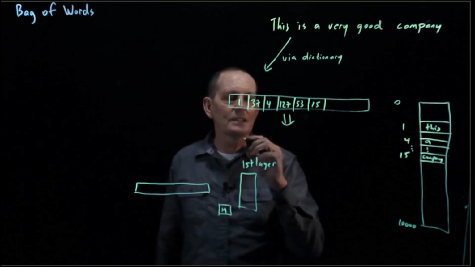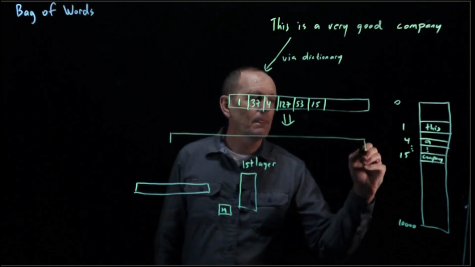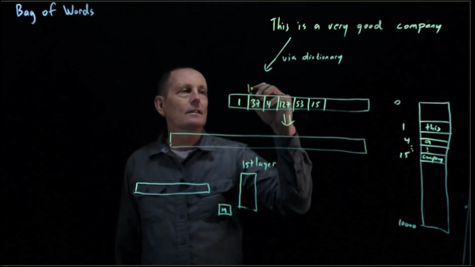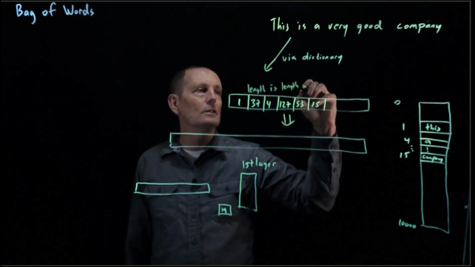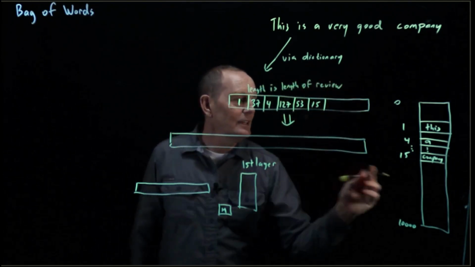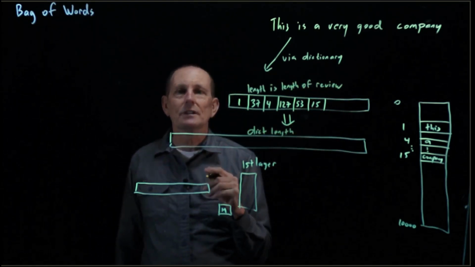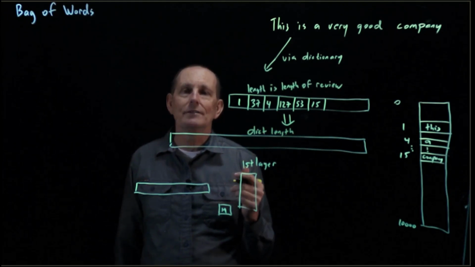So we would convert this then into a really long vector. This length is going to be the length of the dictionary. And we are going to put a 0 if that word doesn't occur in the review, and a 1 if it does.